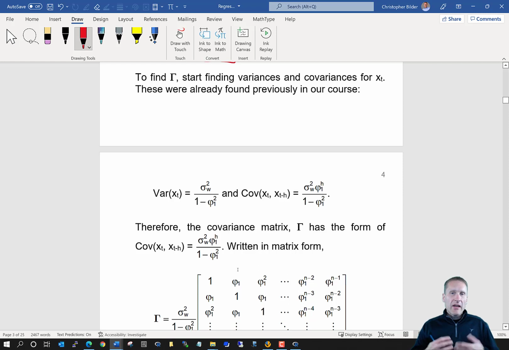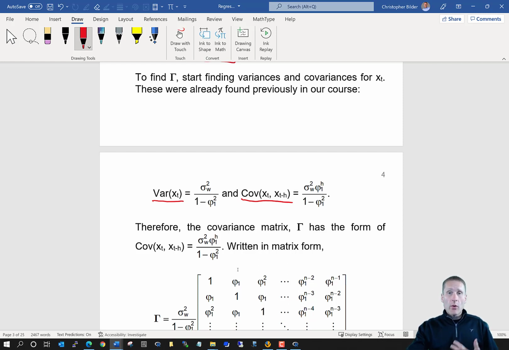So in this particular case then, what would our covariance matrix look like for x sub t? Well, we've found previously the variance of x sub t, the covariance for x sub t for a lag h difference.